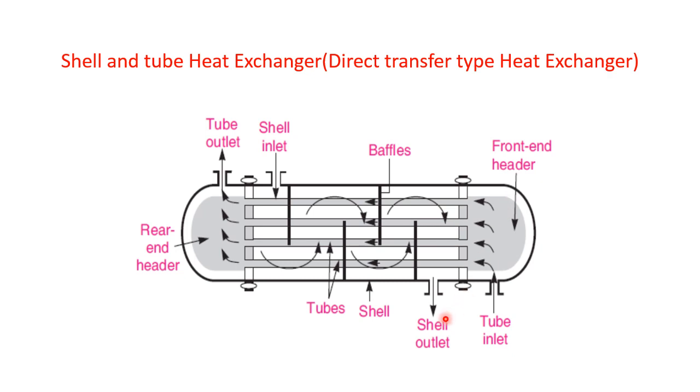So usually in the heat exchanger, the cold fluid, that is water, will be passing inside the tubes, whereas steam is passing outside the surfaces of the tubes. Water is flowing inside the tubes and steam is passed outside the tubes, so heat exchange takes place from this steam to the water, where steam gets condensed.